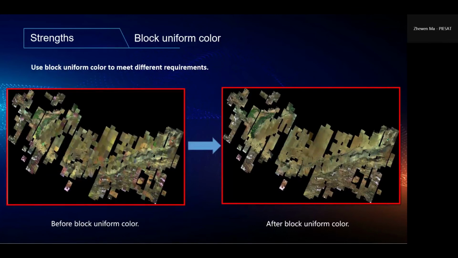For example, if we have a brighter image and a darker image, and we perform the non-controlled automatic block uniform color for it, the lighter point will become darker and the darker point will become lighter, so that they meet in a mutual balance in between.